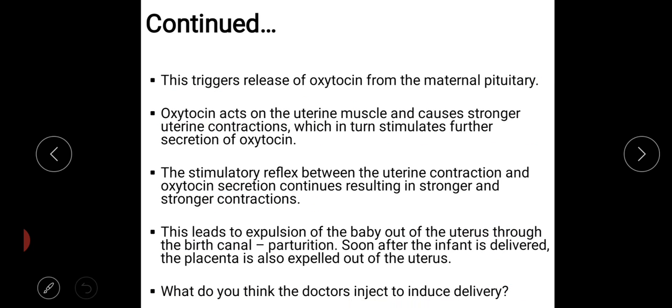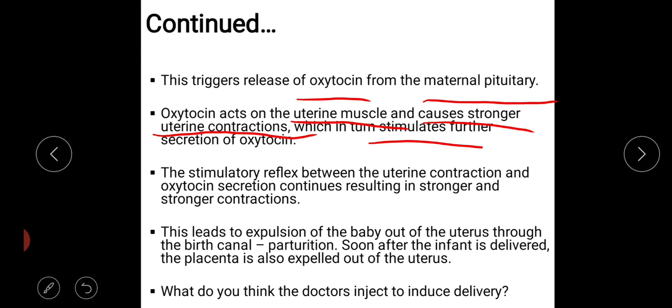So this triggers what? This triggers the release of oxytocin from the maternal pituitary. This oxytocin does what? It acts on the uterine muscles and causes stronger uterine contractions, which in turn stimulate further secretion of oxytocin.